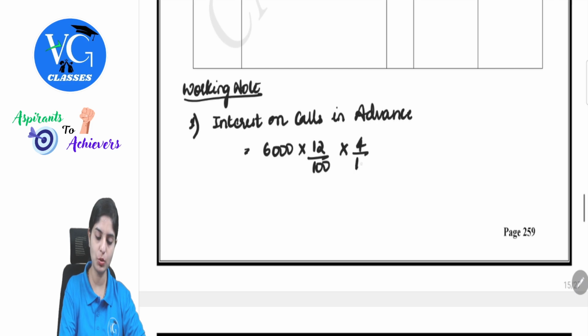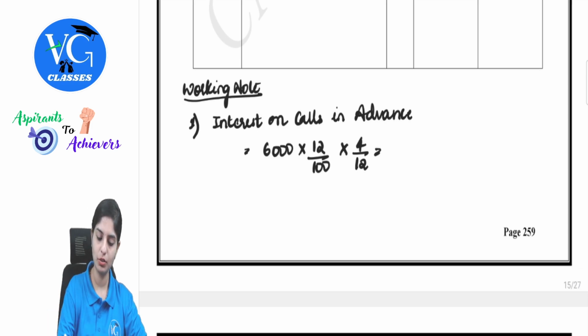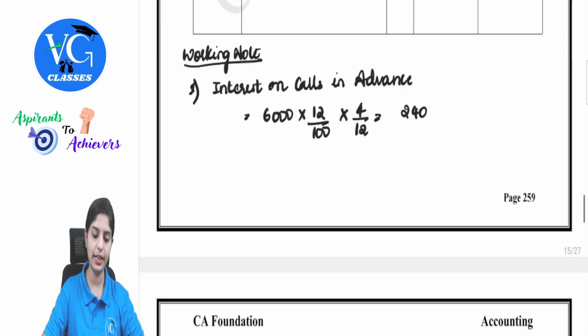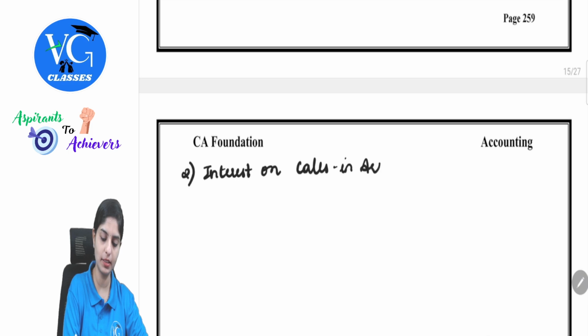So 6,000 into 12% into 4 by 12. So this will be 240 rupees. So we have calculated interest on calls in advance. Likewise, we'll also calculate for calls in arrears. So it becomes easier with respect to continuing the journal entries.